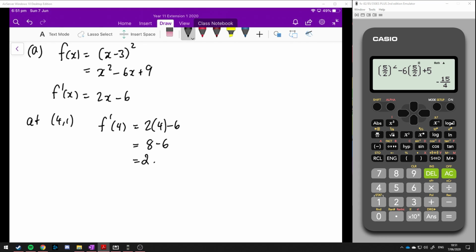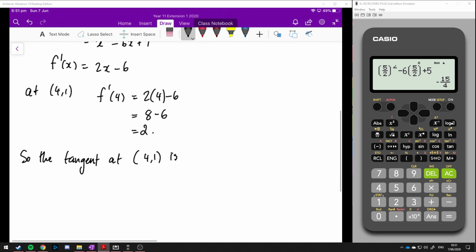So the tangent at the point 4,1 is, and this is where we're going to substitute it into that equation. So we're going to go y minus y1 is equal to m lots of x minus x1.